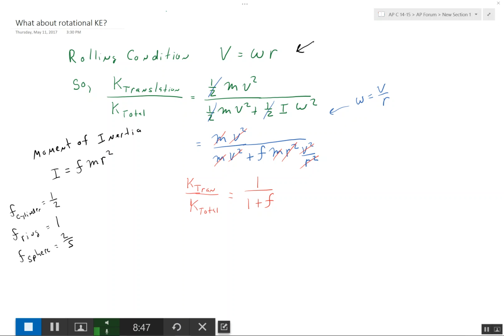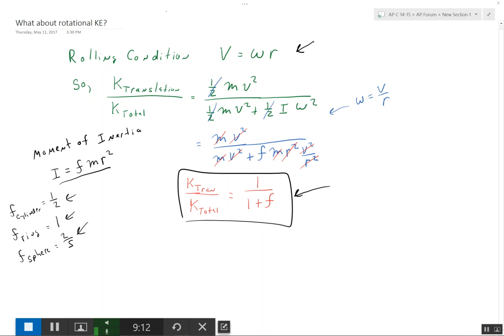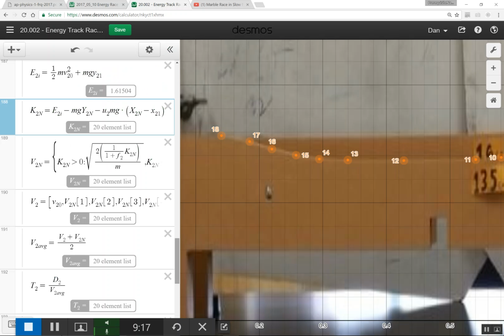So if we take a ratio of the translational 1/2 mv squared to the total, which is 1/2 mv squared plus 1/2 I omega squared, and you put in omega as v over r, and I express I as a fraction of mr squared. For a cylinder, that's 1/2. For a ring, that's 1. For a sphere, which this is, it's 2/5. And that simplifies to this.